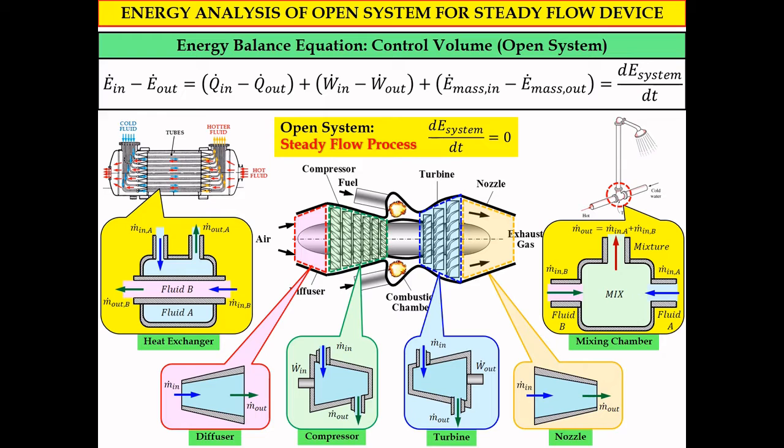For example, we also have the system involved with pipe, duct, and also the valve, throttling device, and so on. Okay, so all the devices that we will discuss in thermodynamics 1, for example, for the open system, we will use this energy balance equation, the mass balance equation, and also the concept of steady flow process.